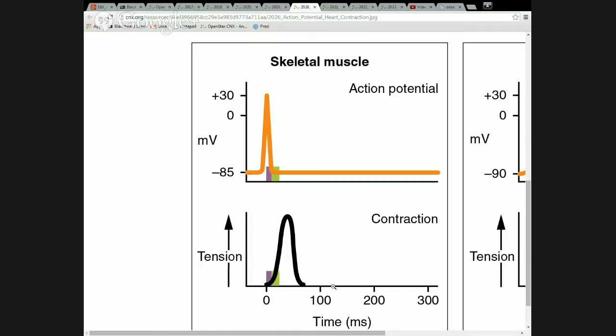They might be 100, 150 milliseconds worth of contraction. And those are the slow fibers. And then fast fibers are going to have very rapid contraction curves, which would probably look pretty much exactly like the action potential in this drawing here. That'd be like a fast fiber, like in your extraocular muscles or something like that. So this is what you learned about last semester.